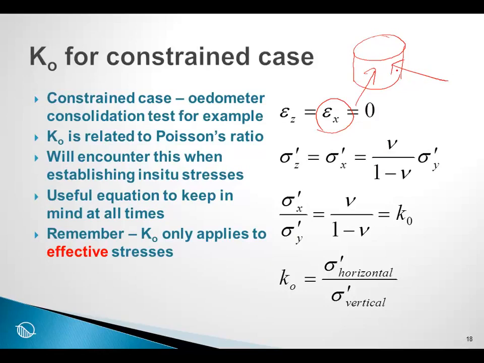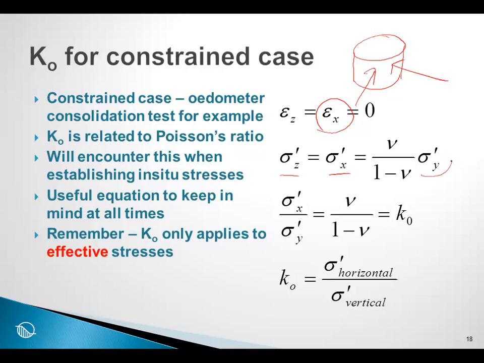In this particular case, we know that the stress X effective becomes equal to Poisson's ratio divided by 1 minus Poisson's ratio times the stress in the y direction.